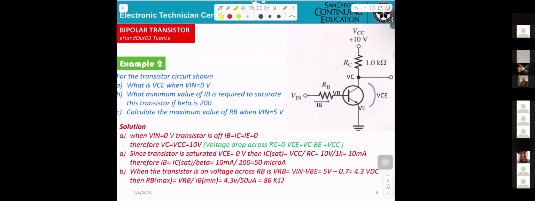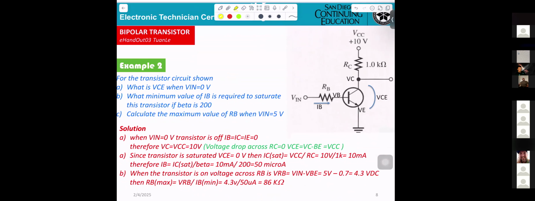Now, example. For the transistor circuit shown, what is VCE when Vin equal 0?